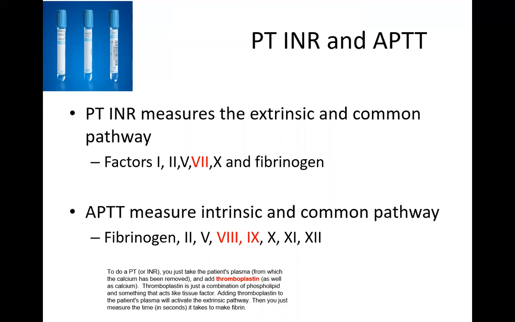Scenario number two is PT is normal, APTT is prolonged. So if only APTT is prolonged, then it is very likely that the patient can have factor 8 deficiency, which is hemophilia A, or factor 9 deficiency, which is hemophilia B, or factor 11 deficiency, which is hemophilia C, or factor 12 deficiency, because all these four factors are in the intrinsic pathway.